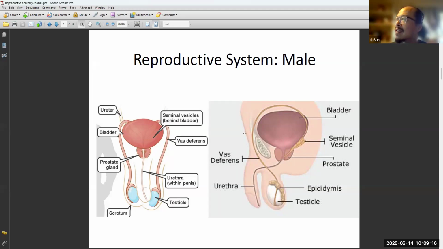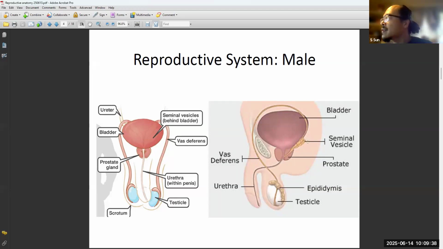Then it enters into the abdominal, then enters into the pelvic cavity. When it enters, it will go around the bladder, then going to the back, the posterior portion of the bladder.